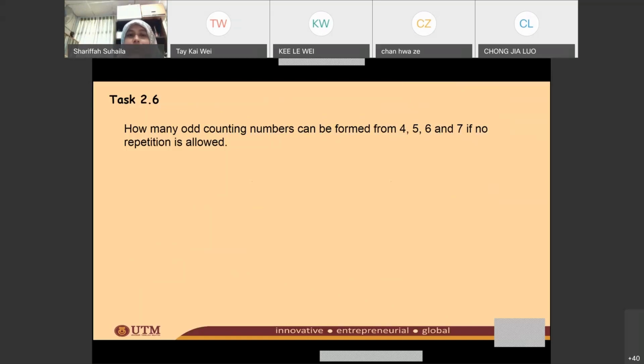If again, no repetition is allowed. Okay, nombor yang diberi tu hanya 4, 5, 6, 7. So kita nak odd. So kalau odd number, so that means you can have either 5 and 7. Okay, cuba fikir dulu macam mana kita nak selesaikan this one.